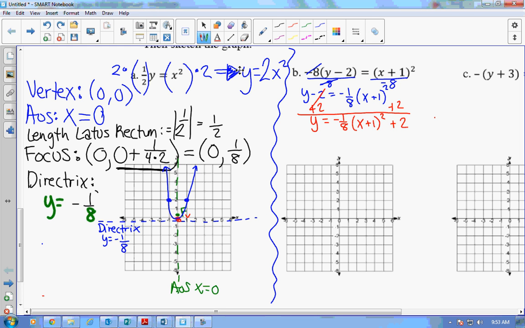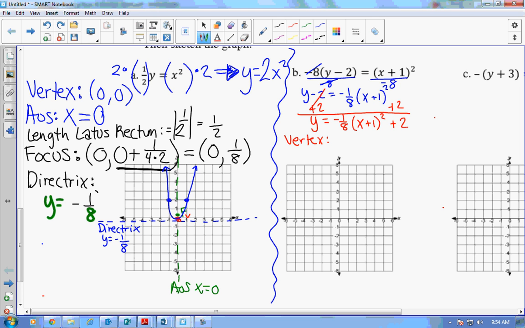Okay, would you turn to your neighbor, please, and tell them what the vertex of this quadratic is? Okay, now show me with your partner, fingers in the air, what is the vertex you came up with, because you need 3 hands.